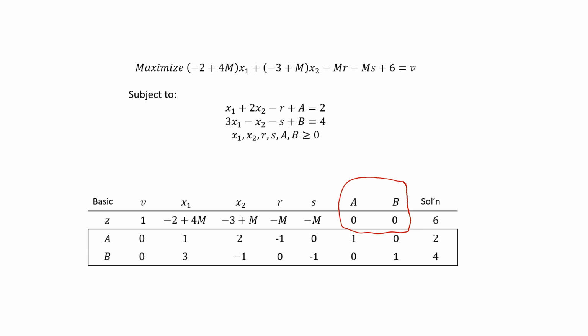Well, again, just think of them as very large numbers that dwarf everything else. So if you look at this, we have plus 4M, that's going to dwarf everything else. This is plus M, but what we're looking for is the largest negative number. This is a negative M, that's a negative M. You can choose one of those two for your pivot column.